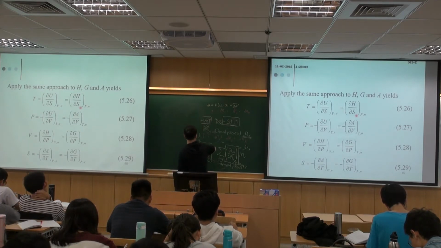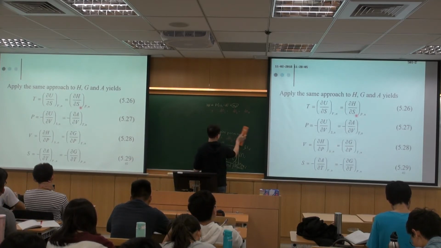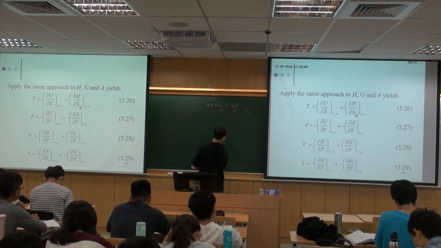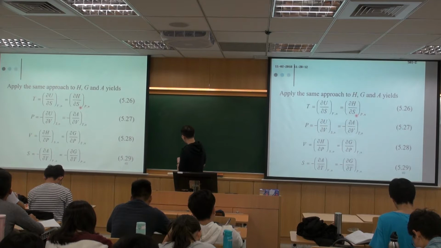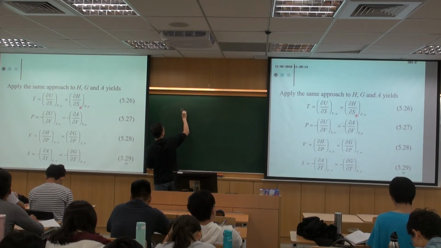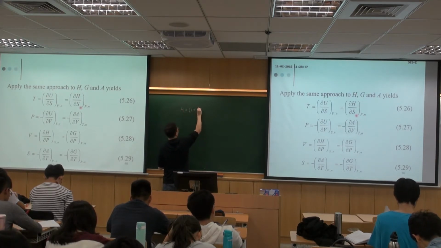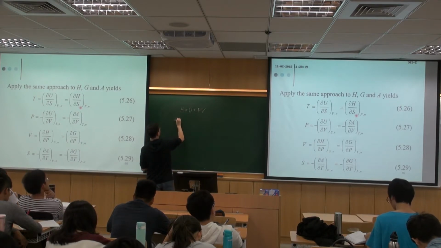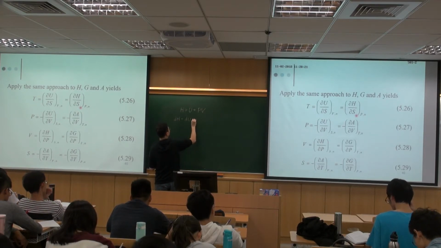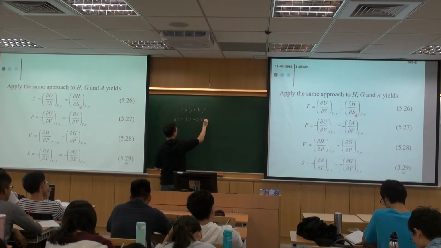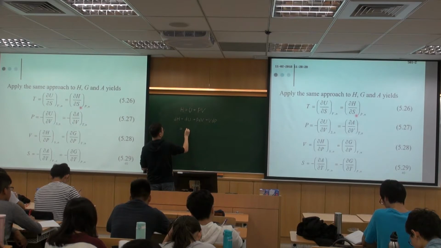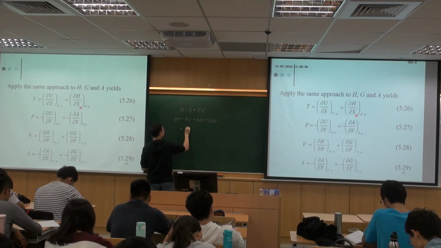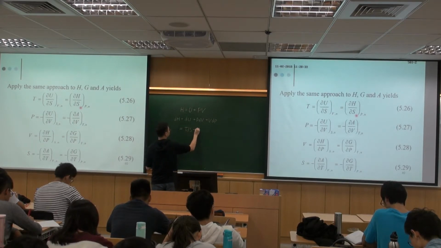So I'll just do one here. For instance, let us start from H. dH is, from the first law, we know that dU is this.